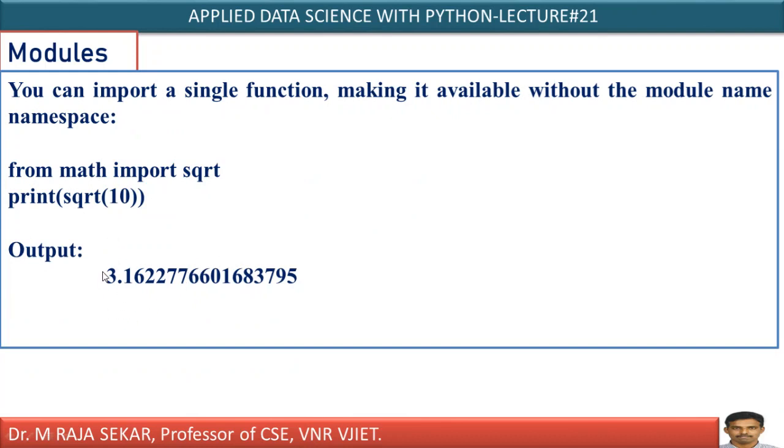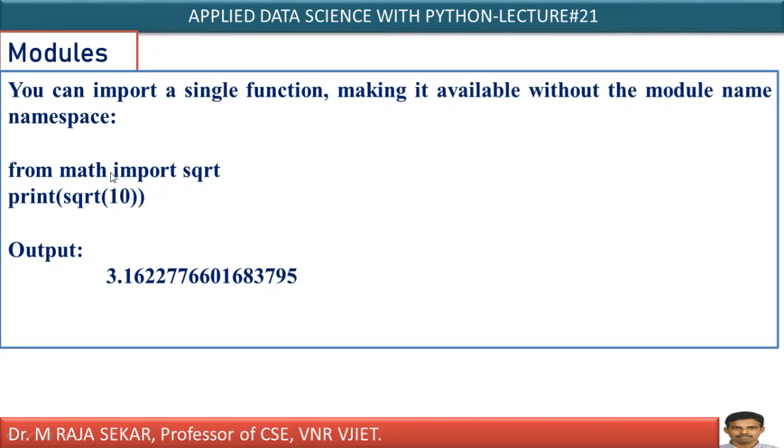You can also import a single function. For example, you can import a single function, making it available without the module name namespace. What does it mean? If I say import math, all functions in that particular module will be imported.